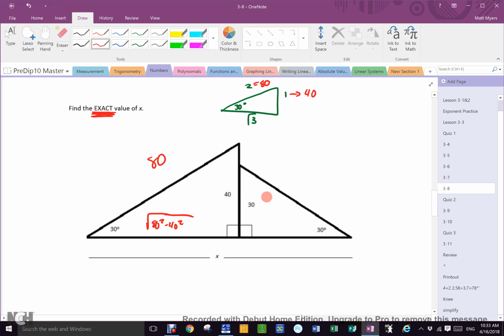If that's 30, what's this? 60. So what's this? Everyone agree? Okay. Which means x is what? The root of 80 squared minus 40 squared plus the root of 60 squared minus 30 squared, right?